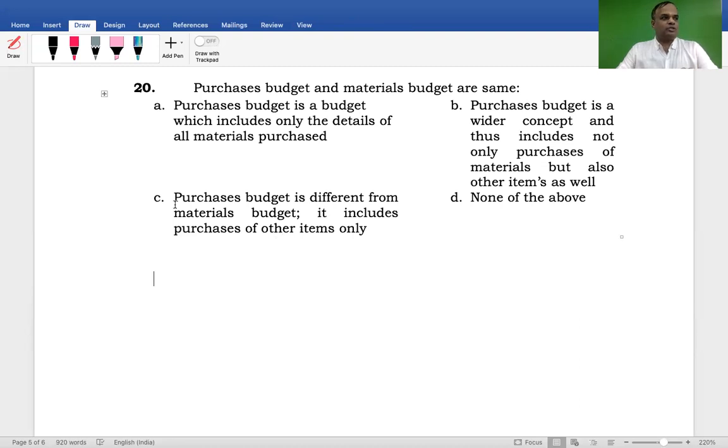C, purchase budget is different from material budgets, it includes purchase of other items only. That is not correct. And D, none of the above. The conflict is between A and B alone: only raw material, or raw material and other items also. Whatever we are buying forms part of the purchase budget. Understood?